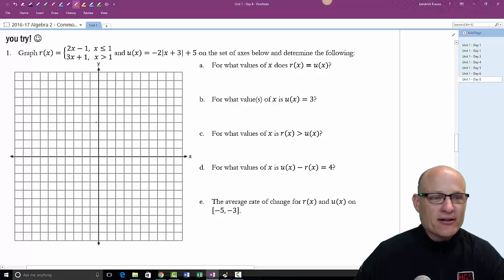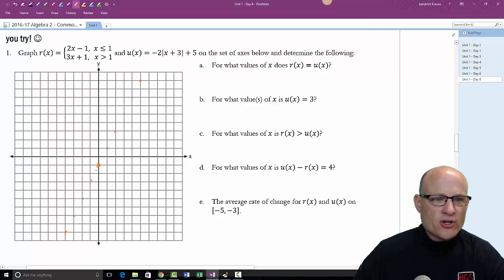All right, let's see what we got here. I'm going to graph r of x using orange, 2x minus 1. So there's negative 1. I'm just kidding. No, positive 2x. So we're going to go up 2 over 1, up 2 over 1, up 2 over 1. Then down 2 over 1, down 2 over 1, down 2 over 1.